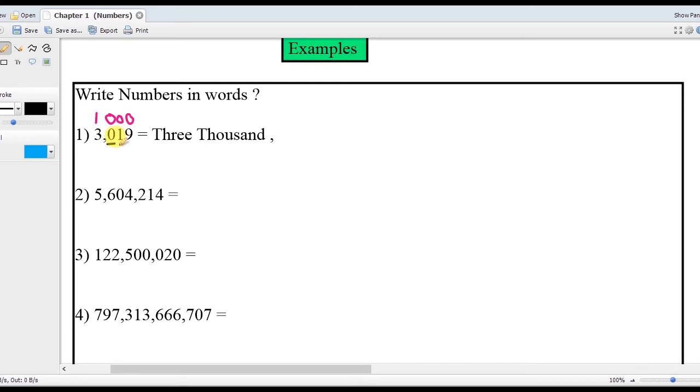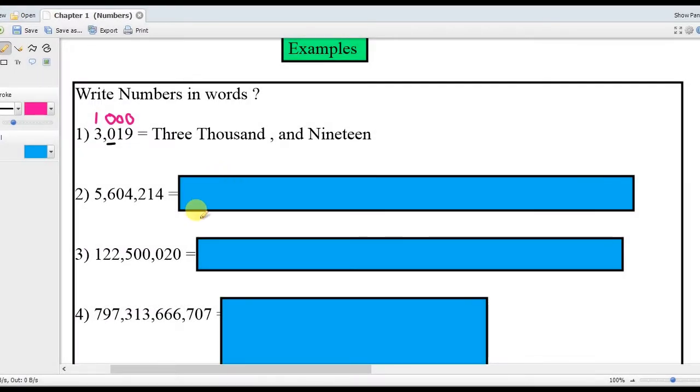So 1 and 9 gives you 19 if you pronounce them collectively. That is 19, right? 3019. Both are correct ways of writing your answer. So this is how you solve the question.